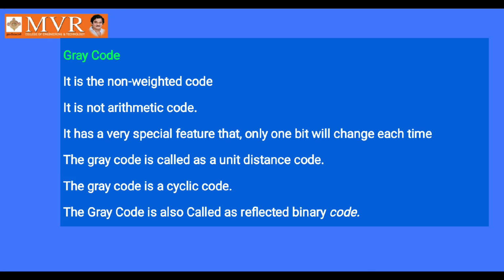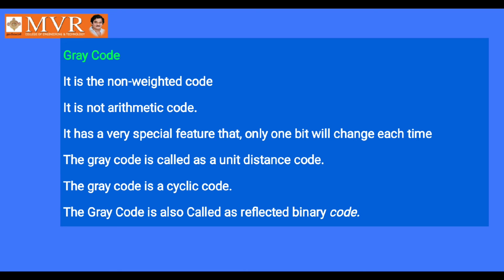Whereas in the next one, 0, 0, 0, 1 is converted to 0, 0, 1, 0, you can observe two changes. The least significant 1 is converted to 0 and the next bit 0 is converted to 1. However, in gray code, there are no two changes. Every time, comparing the previous value and the current value, only one bit will change.